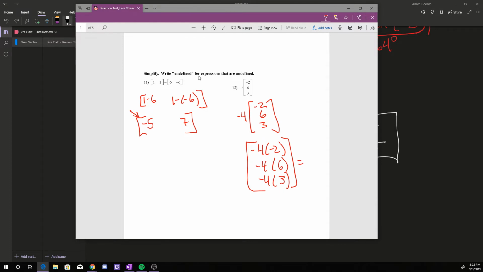Then if you simplify that, it's just positive 8, negative 24, and negative 12. And that's your answer. It won't get harder than that. If anything, there will be more elements, but it's going to be the same thing.